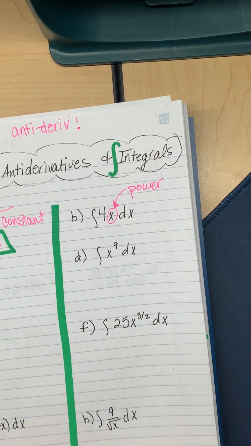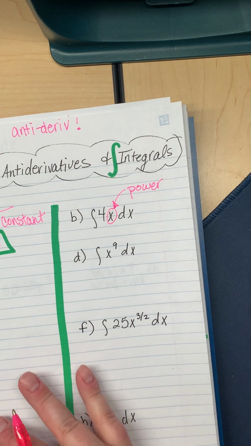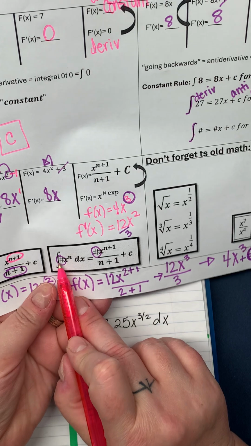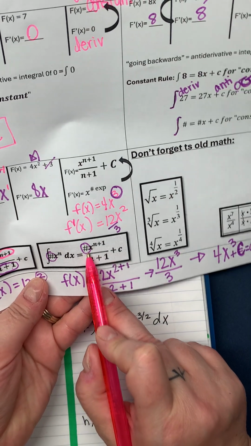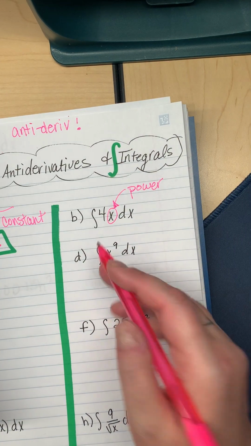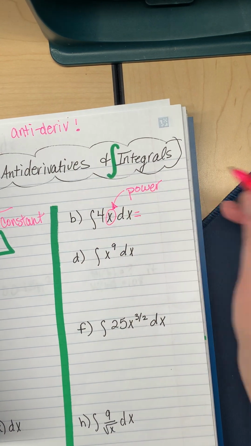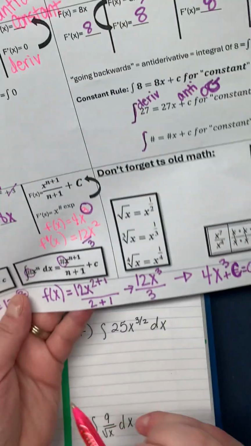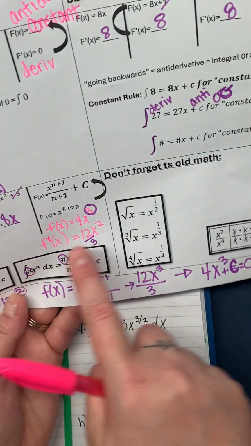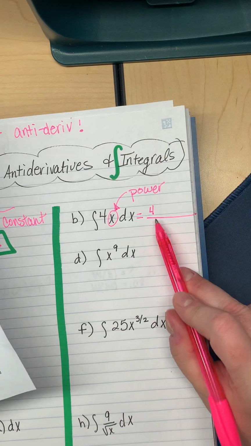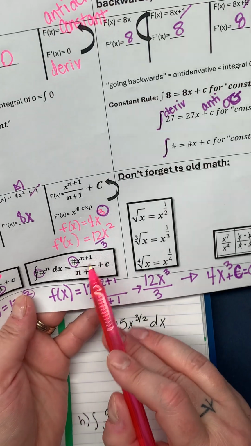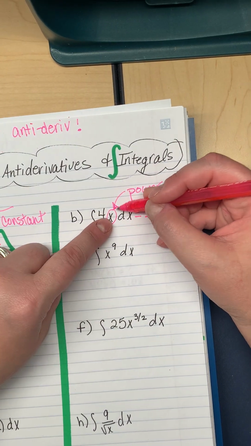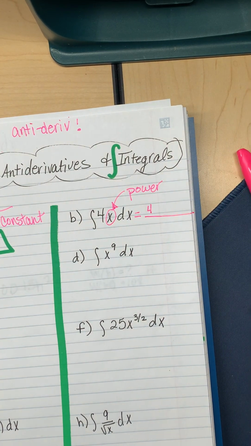The power rule says if there's a number in front, you write the number down in front again. So I have a 4 in front, so I'm going to write that down in front again. Then I put a fraction bar. Then it says n plus 1. Whatever exponent is on this x, I add 1 to it.